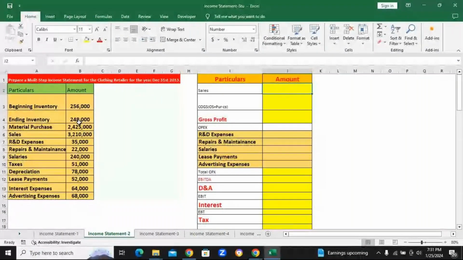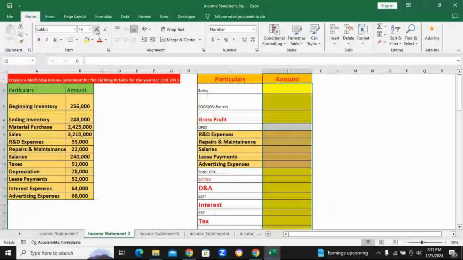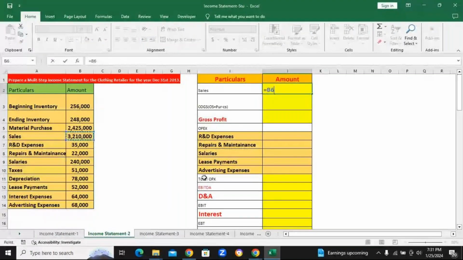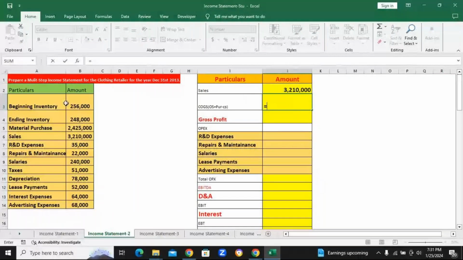Sales equals 32 lakh 10,000. And COGS will be equal to beginning inventory plus the material purchases.